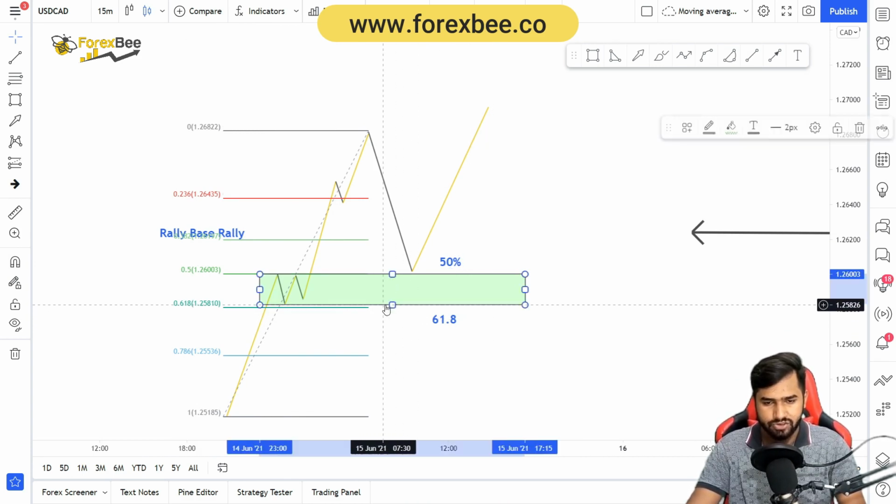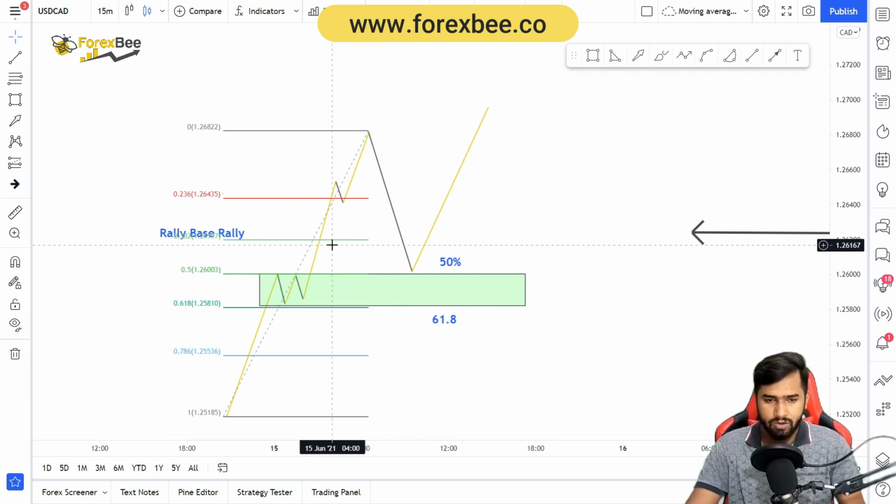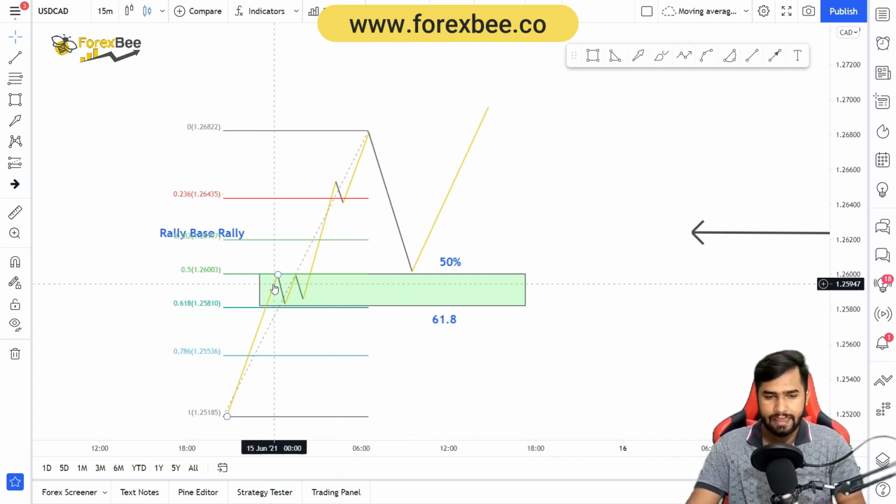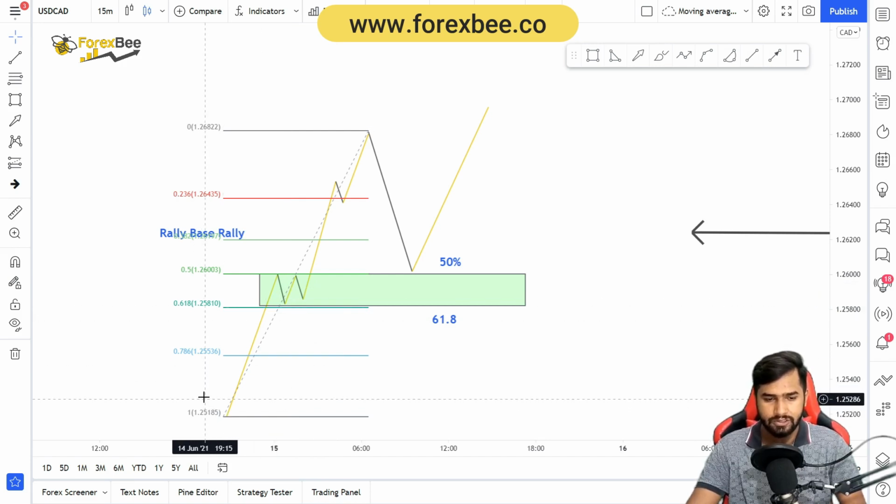So this is a strong demand zone. What this allows is it allows us to take a pinpoint entry, and it also increases the probability of our trade going in the right direction. Because we have detected a supply and demand zone, and then we have added a filter or a confluence of Fibonacci retracement in order to detect if the zone is strong or not.